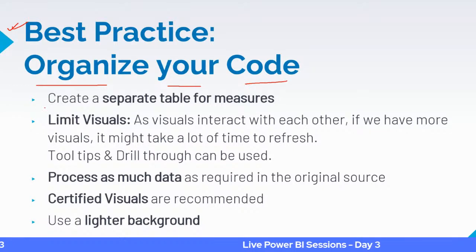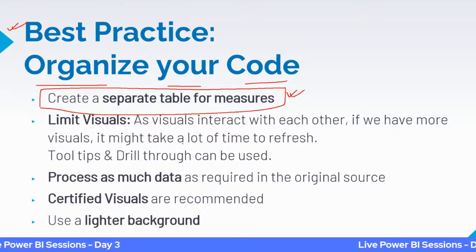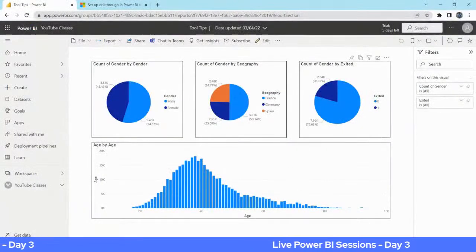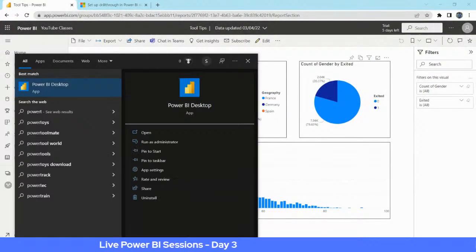Whenever you are using Power BI, always create a separate table for measures. What does this mean? I will give you an example. Let's say this one, I will just save it. Now I'll create another instance.